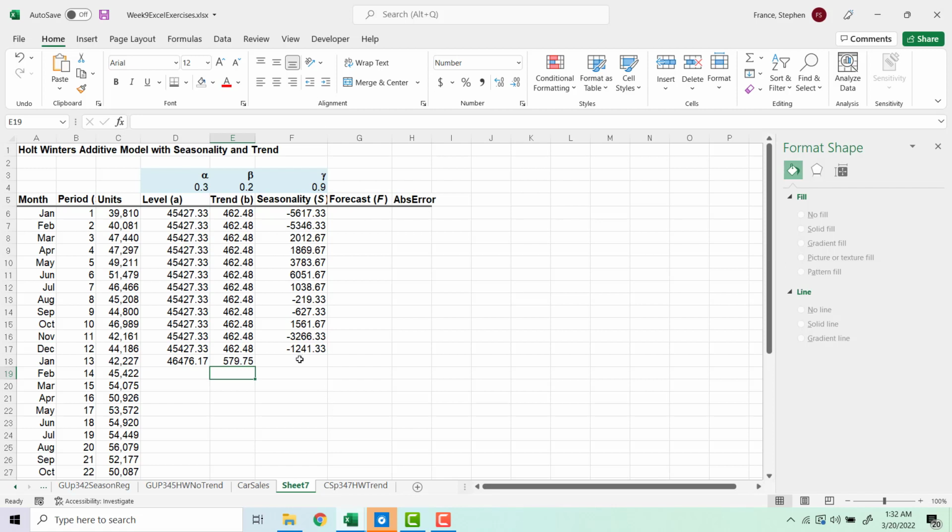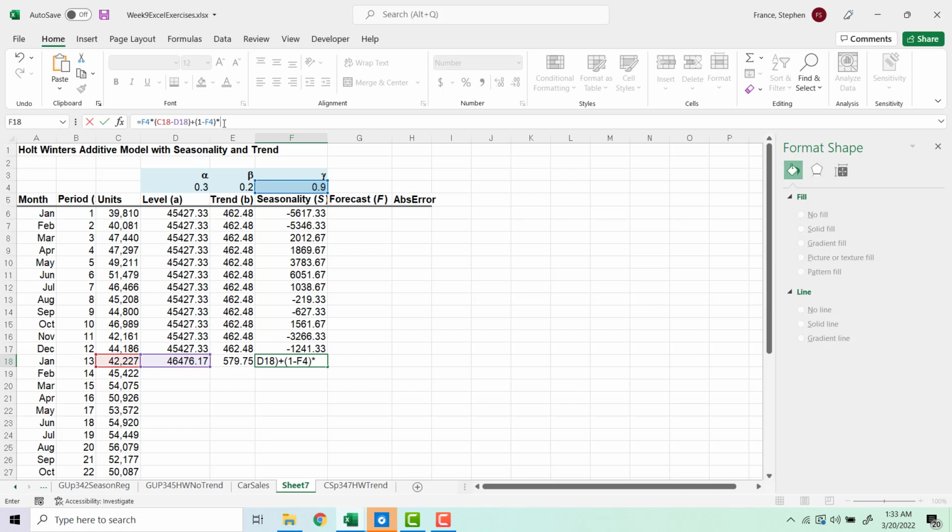And then the seasonality. Again, we're now using our third smoothing parameter, which is gamma, multiplied by the updated seasonality, which is just going to be the value at time t minus the level, plus 1 minus gamma times our previous seasonality, which was the previous seasonality for January.